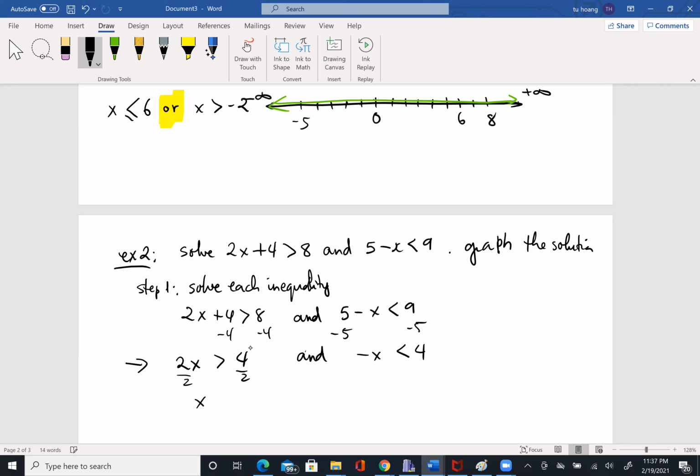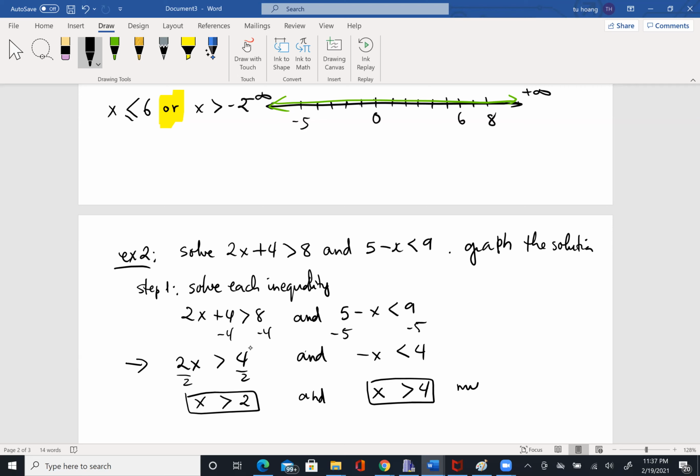I'm going to have x greater than 2 for this one. And what about the second one? I'm going to multiply by negative 1. Then I have x greater than 4. Why?